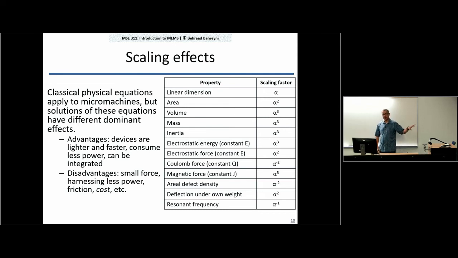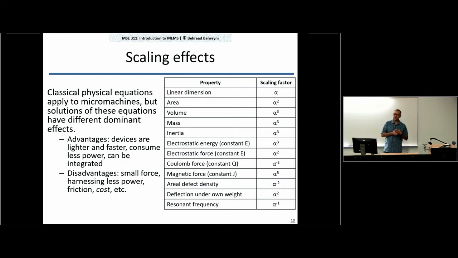Now, on the left side of this table, you will see some advantages and disadvantages of scaling. Obvious advantages: the devices are lighter and faster, they consume less power, and because they're smaller, you can put multiple of them in parallel with each other and have an integrated system. The disadvantage is that the forces are smaller. You cannot harness as much power. A lot of power that you receive from the environment, let's say solar, is proportional to area. So once your device is smaller, your area will be smaller, and then you cannot harness as much energy.